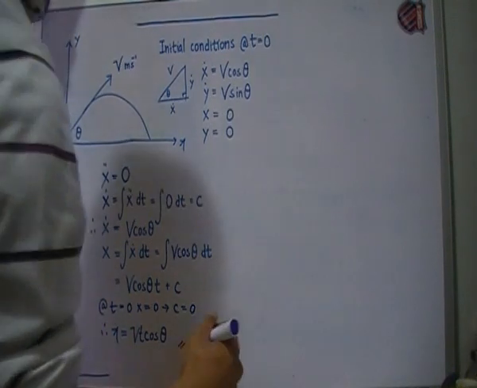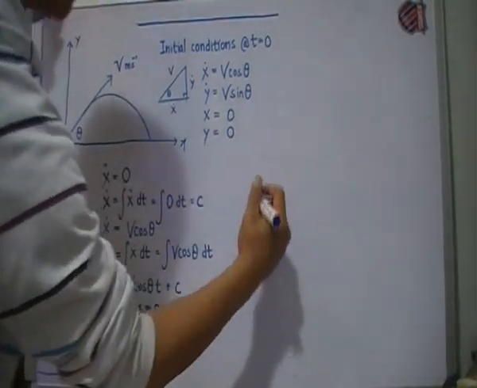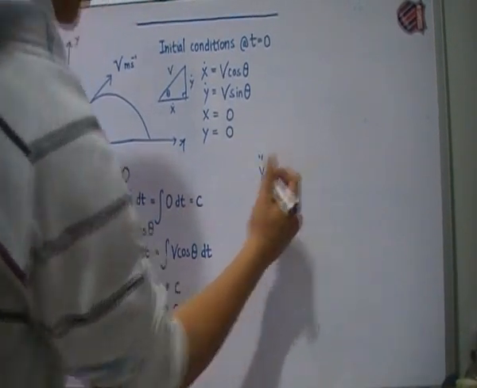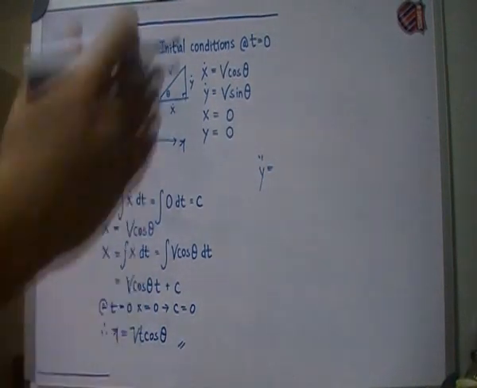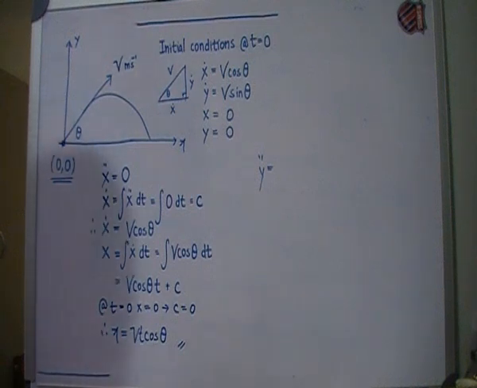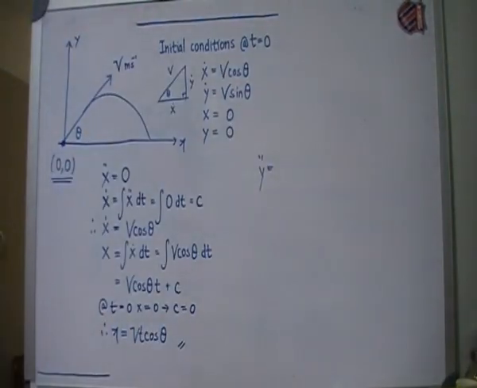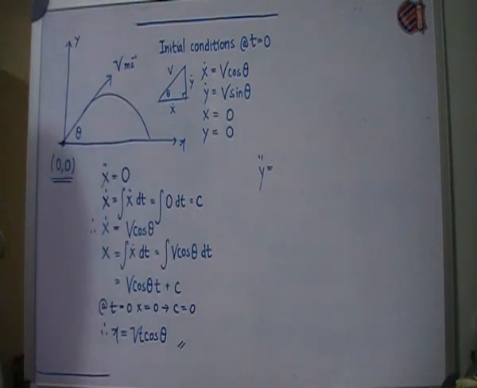Moving on, you've got now vertically your y double dot. In terms of vertical acceleration, you do have a vertical force acting on anything that flies through the air. For those of you who do physics, everyone should know there is a force called gravity in our world which keeps us on the ground.